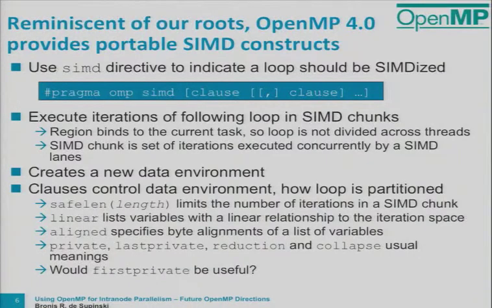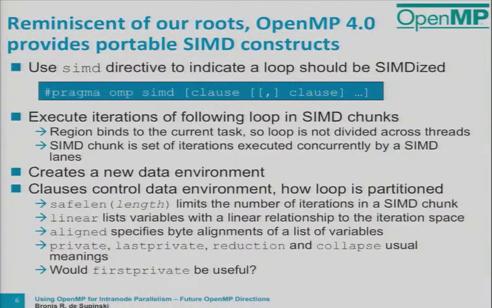Okay. So now you can take a loop and put a SIMD pragma before it, and that tells the compiler that it should be SIMDized. That means you're going to take the loop, break it up into chunks, each of which is going to be put onto lanes of the SIMD device. It will create a new data environment, and then you get some clauses that allow you to control the data environment and how the loop is partitioned.